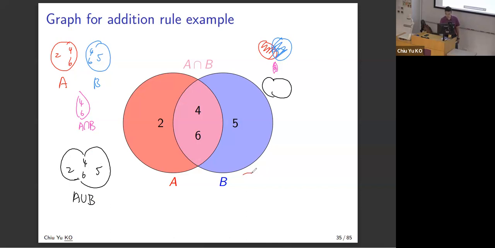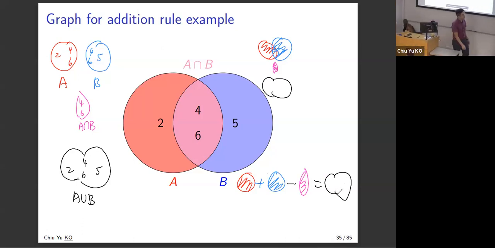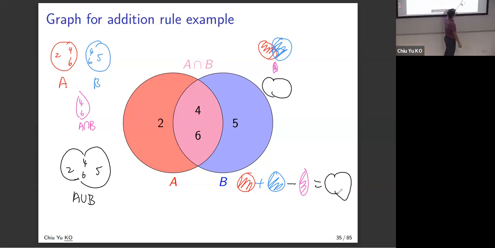So remember, kindergarten is red plus blue, and you subtract the pink, and it's equal to this shape. So you add them up, you take out the overlapping area, then it's what we want to get. You want to calculate this area: you take this and this, and take the overlap out. That's it. I think you learned that in kindergarten.